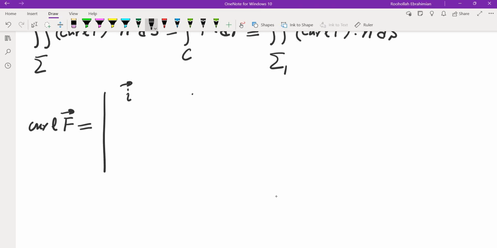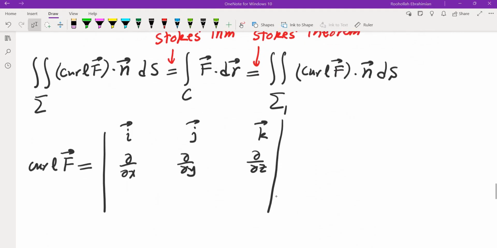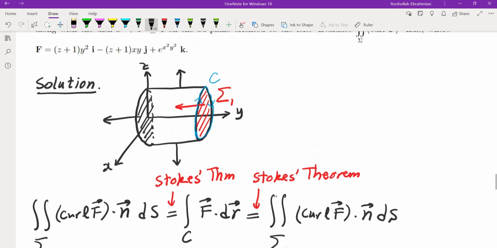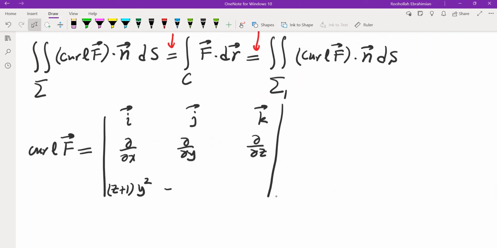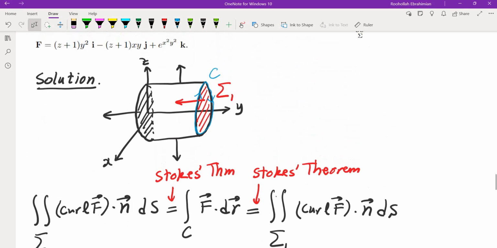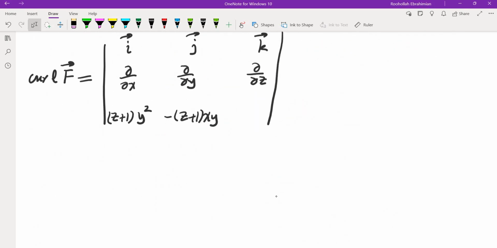So i, j, k, partial with respect to x, partial with respect to y, partial with respect to z, z plus 1 times y squared, minus z plus 1 times xy, and finally e to the x squared y squared.